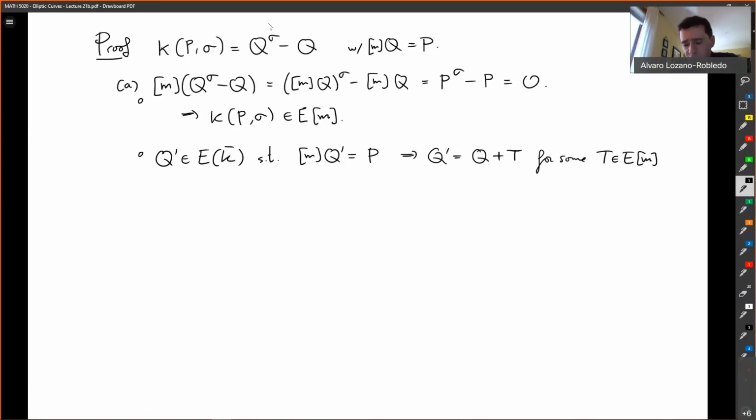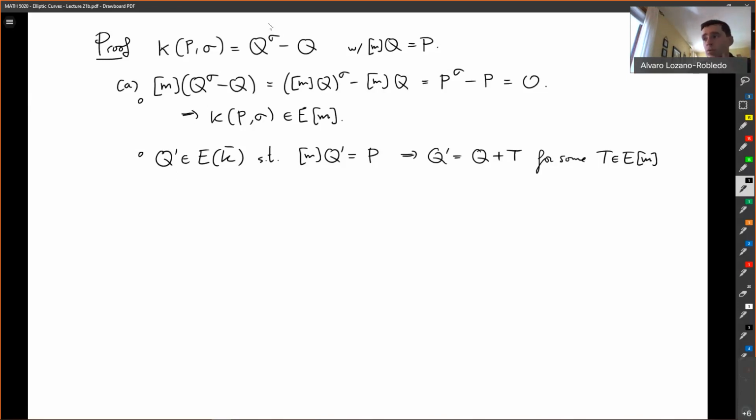This you can prove, for example, by noting that multiplication by M is a degree M squared map. There are precisely M squared M torsion points. So these Q primes that I wrote, those also multiply to be P, and there are M squared of them, so they should be all of them.